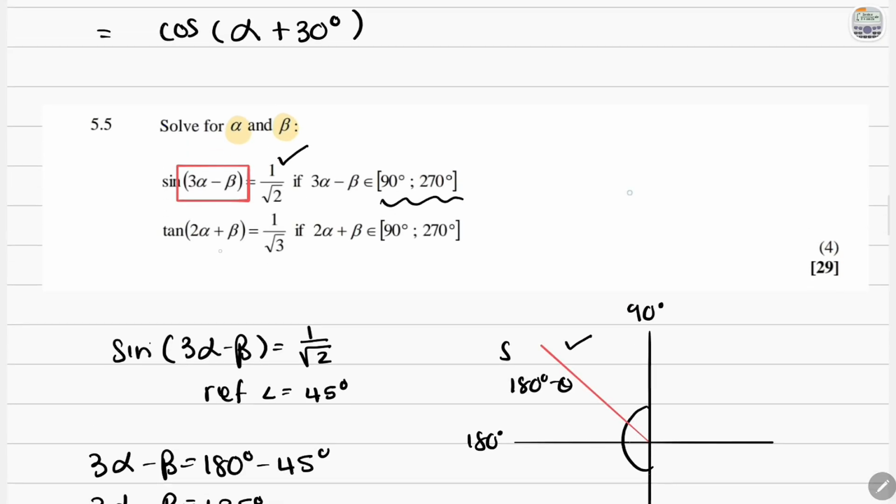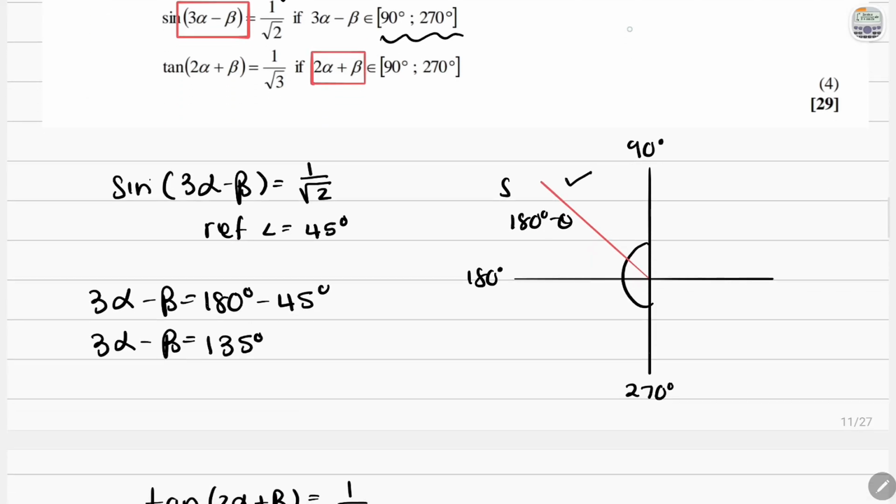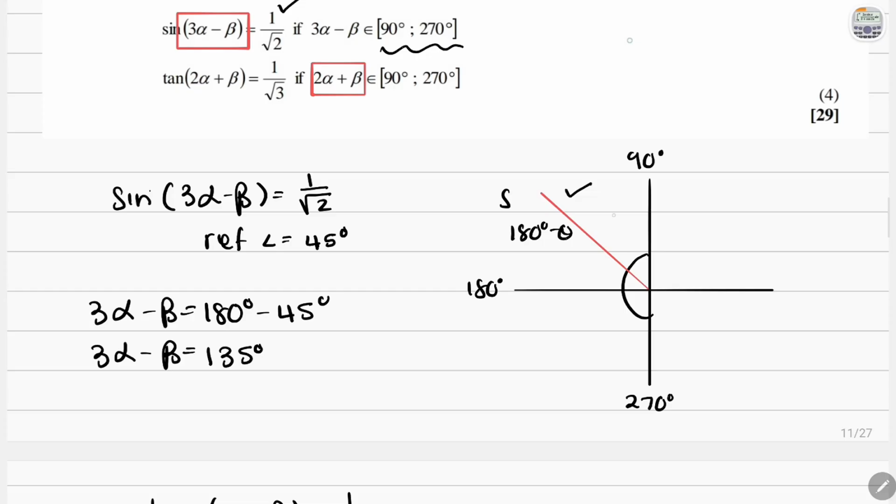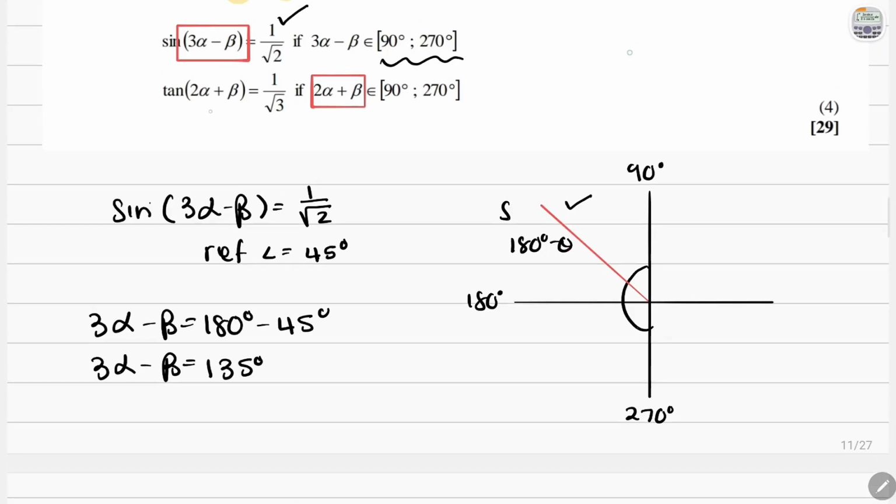They told us that tan of this angle is equal to 1 over root 3, but they specifically said that the angle we are referring to is greater than 90 degrees but less than 270 degrees. So it's either in the second or the third quadrant. But you can see that tan is a positive value.